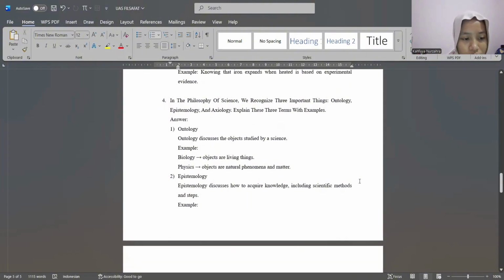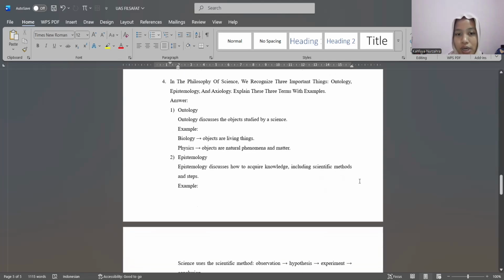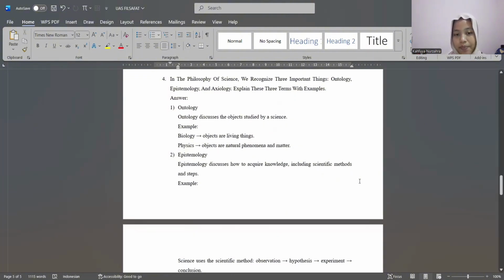Now I will answer question number 4. 1. Ontology. Ontology discusses the object studied by a science. Example, in biology, objects are living things. In physics, objects are natural phenomena and matter. 2. Epistemology. Epistemology discusses how to acquire knowledge, including the scientific method and steps.